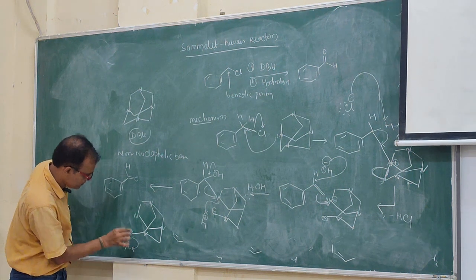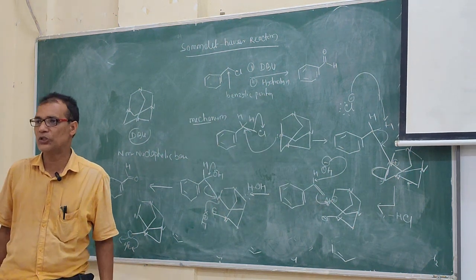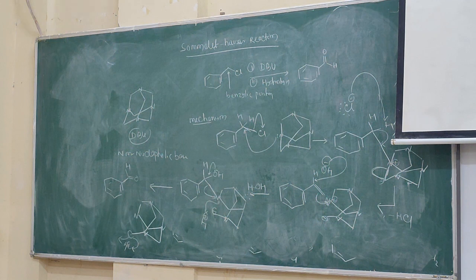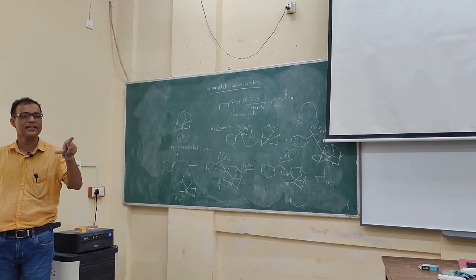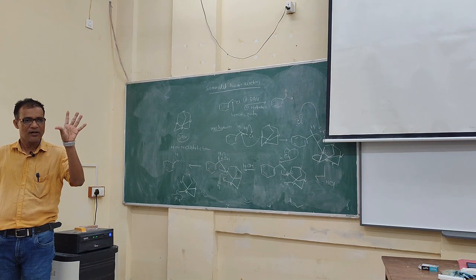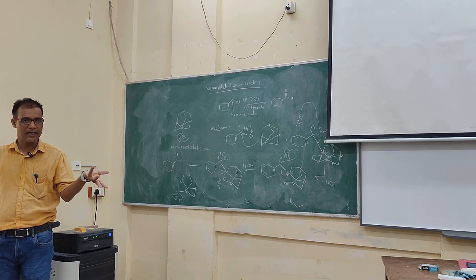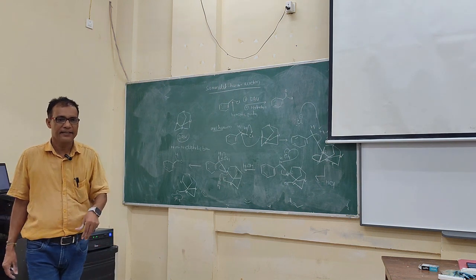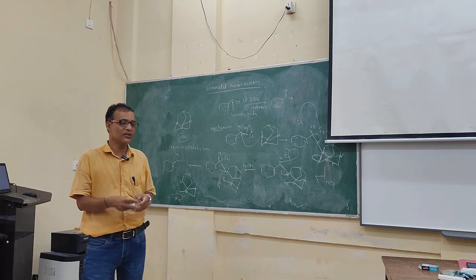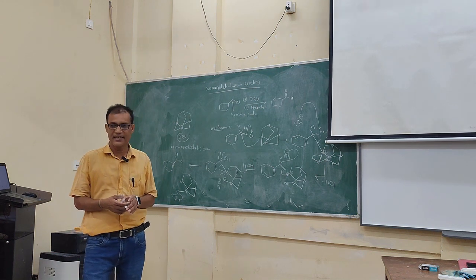That means you have to use a stoichiometric amount of DBU. Okay, that DBU will replace that benzylic halide, that either chlorine, bromine or iodine at benzylic position, and make it an aldehyde. That means suppose you need to synthesize benzaldehyde and you don't have benzaldehyde in your laboratory.